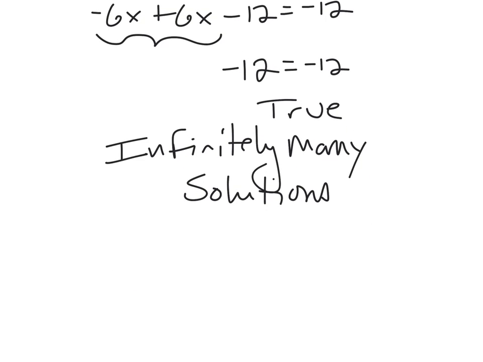We're going to use the phrase infinitely many solutions. I will, of course, take the abbreviation IMS, infinitely many solutions. Now, if you wind up in this particular spot and instead of a true statement like we have, you wind up with a false statement, then that is where you would run into no solution instead of infinitely many solutions.